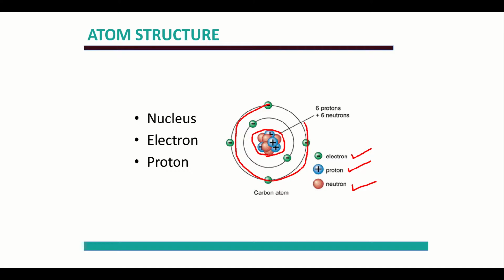So in this case, it is referring to a carbon atom. A carbon atom has 6 protons, 6 electrons, and 6 neutrons. So when an atom is balanced, it doesn't have any energy right now because it's balanced. Think if you have a positive 6 and a minus 6, then you get 0, which means it's stable.